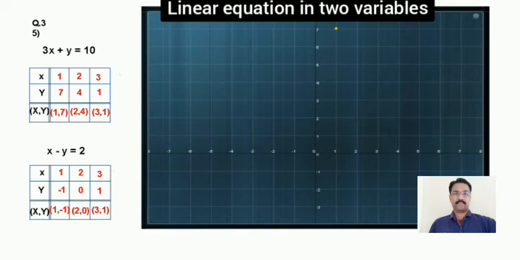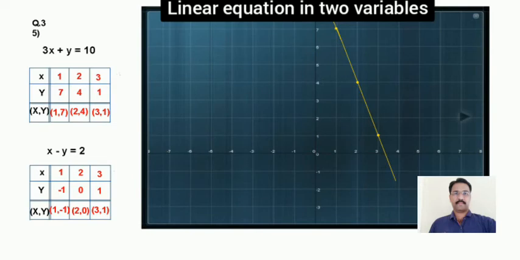Then (3, 1), again in the first quadrant. Now from these 3 points we are going to draw the line. Yes, all these 3 points are collinear. I'll extend it from both sides. Okay, like this. This is the graph of the first equation.